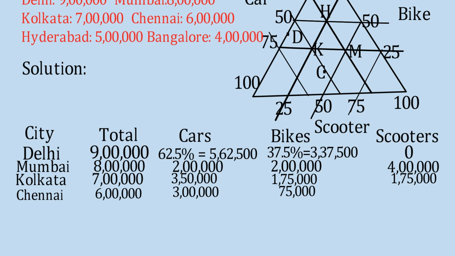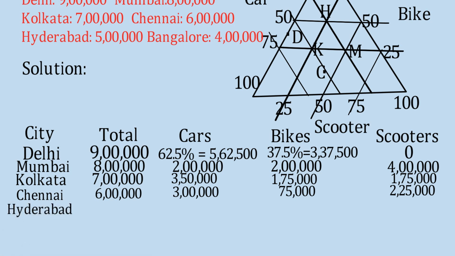And then for scooters, it is 2,25,000. How is it 2,25,000? Because for the upward right tilted axis, it lies between 25 and 50, so it is 37.5%.